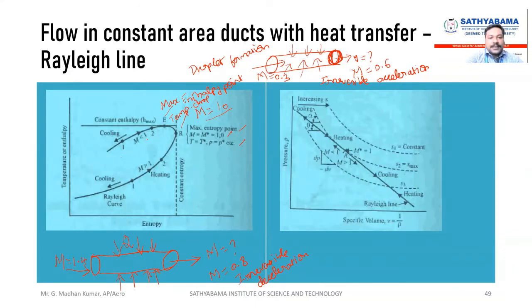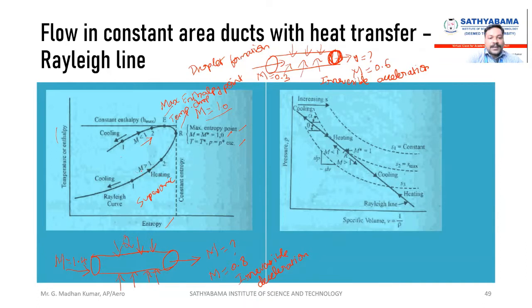The direction from 1 to 2 on this side is nothing but heating, right? So during heating, what happens? The temperature, enthalpy, and the entropy are both increasing. While on heating, this is for subsonic; the same state 1 to 2 for supersonic. Here it is subsonic.